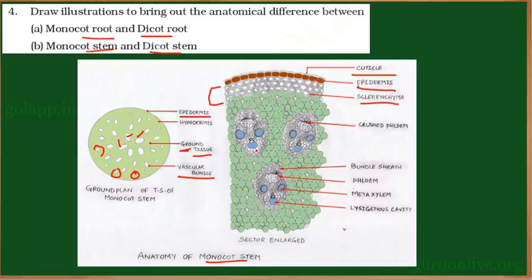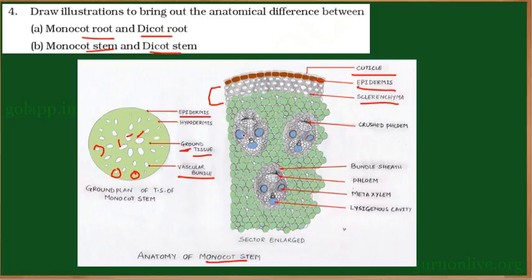Conjoined, again the xylem and phloem have a common radius, and collateral, that is xylem is towards the center, so this is xylem, and this is phloem, towards the periphery. It is called closed type because there is no presence of cambium, that is a meristematic tissue. So in monocots, secondary growth does not take place.